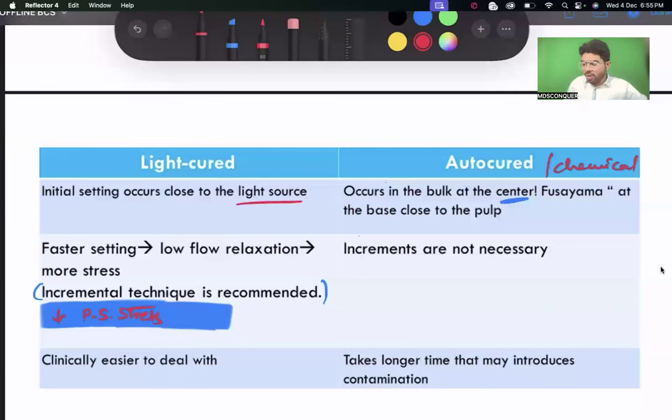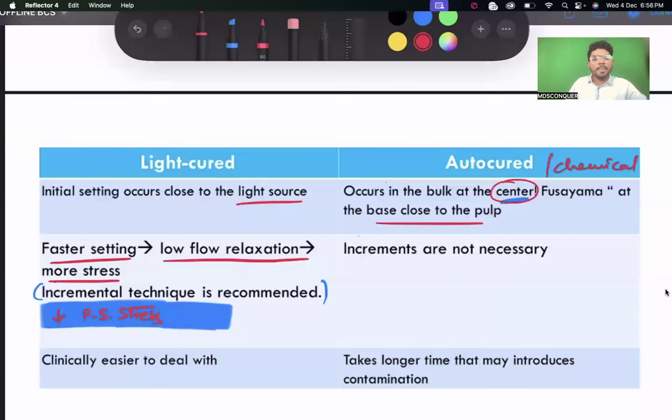Or a few have mentioned it occurs at the base, very close to the base of the pulp. Whenever there is a fast setting, because light cure immediately sets with the activation of light, there will be low flow relaxation, and that is going to lead to more stress.